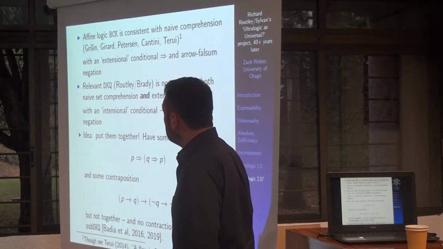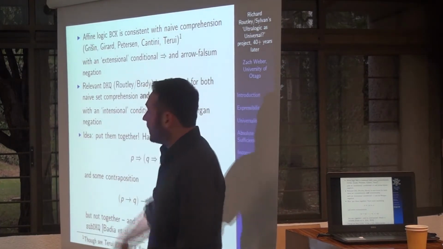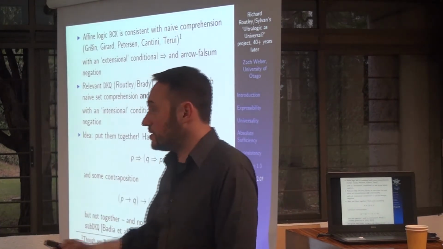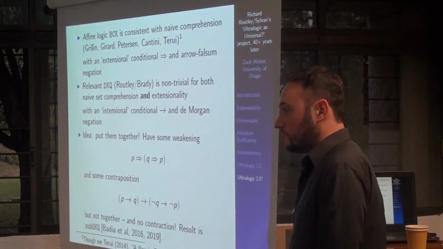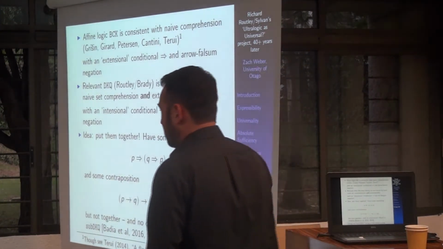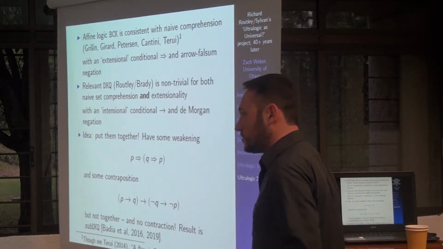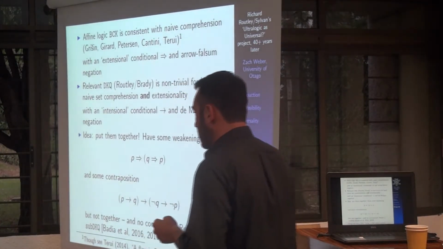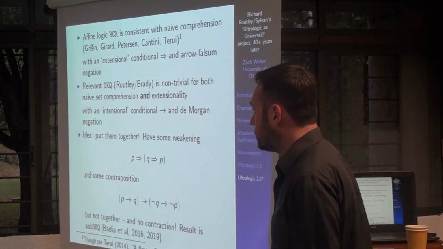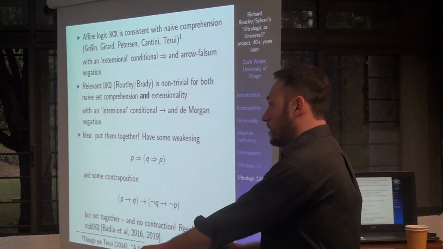Another very nice conditional is from affine light linear logic. It's the BCK conditional. It involves what Andrew was calling the bad guy, right? It has weakening. It has permutation. It's super flexible. And that's good, too. So if you have two conditionals on hand, that can do good work.